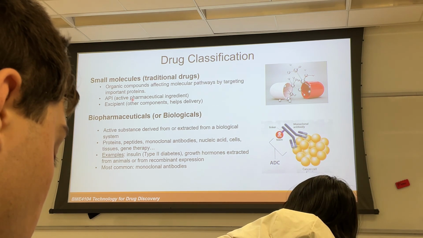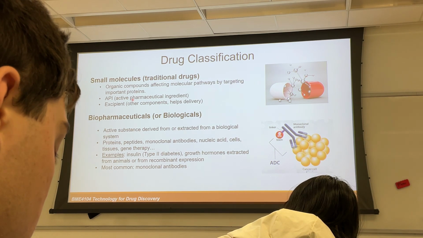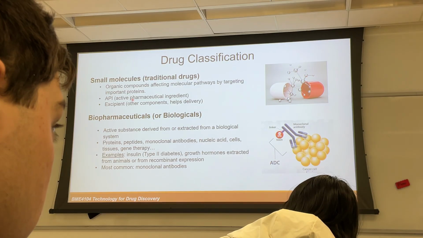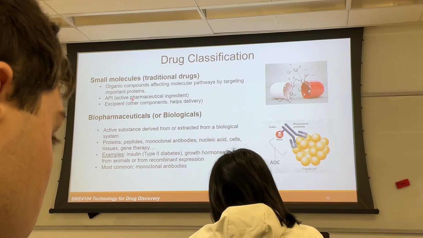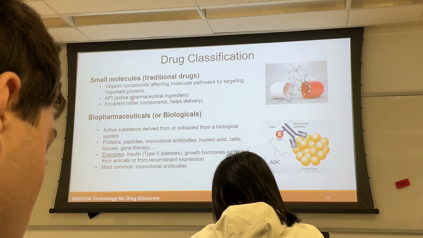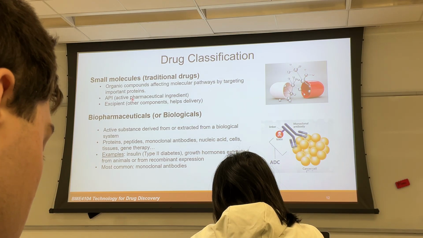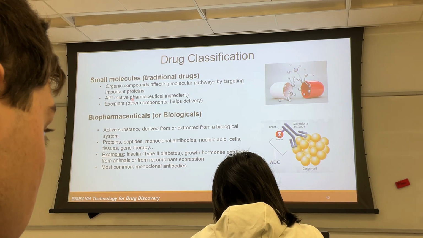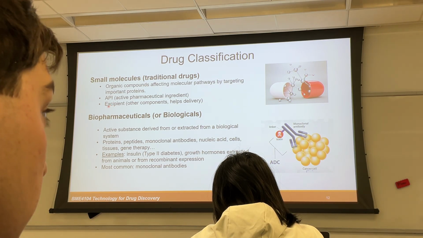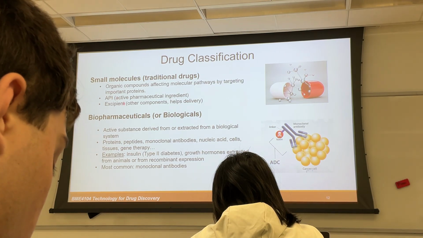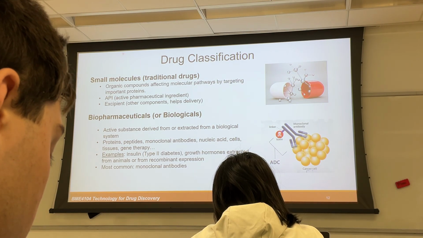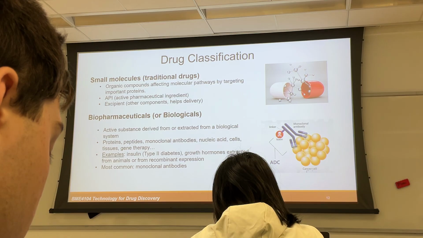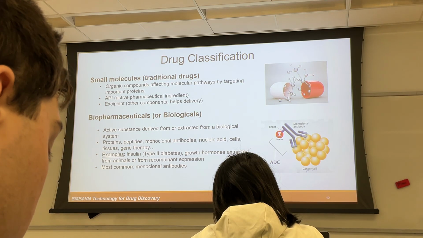It doesn't do the work, but it helps keep all the active ingredients together, or helps deliver them into your bloodstream, or makes it taste better. So the API and the excipient together form the small molecule drug that we take every day.